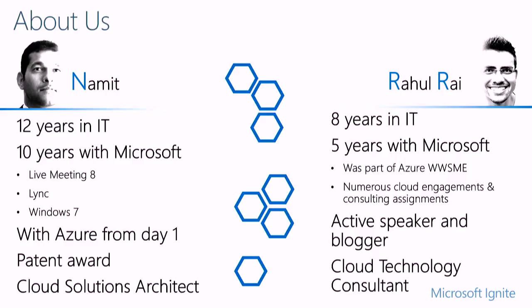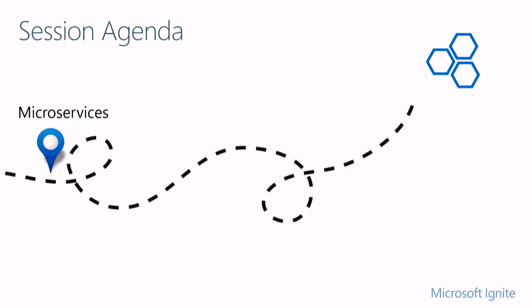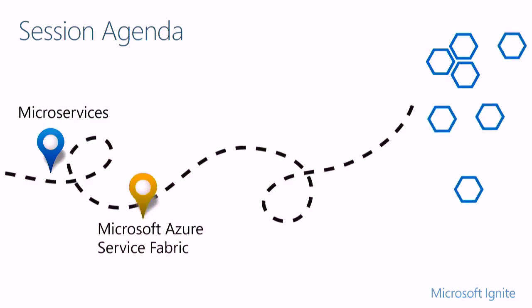Let me walk you through the agenda of today's meet. First of all, we will start by looking at what microservices are. We'll take a brief overview of that, and we'll follow that up with a small discussion around Microsoft Azure Service Fabric.